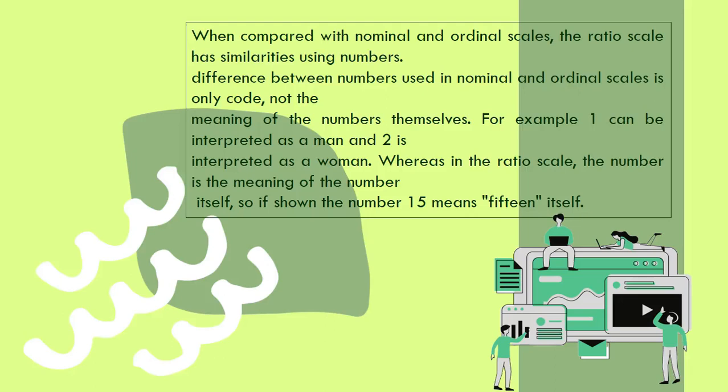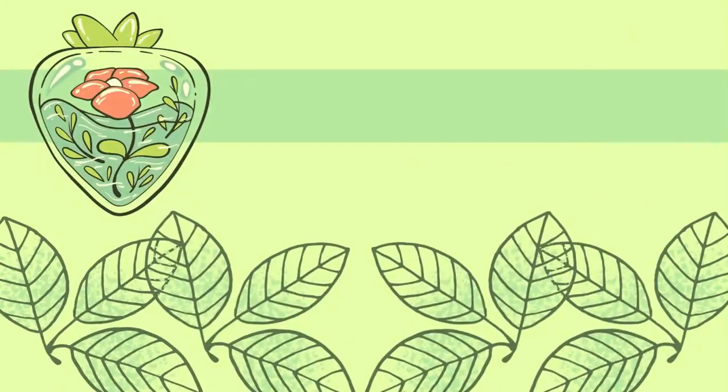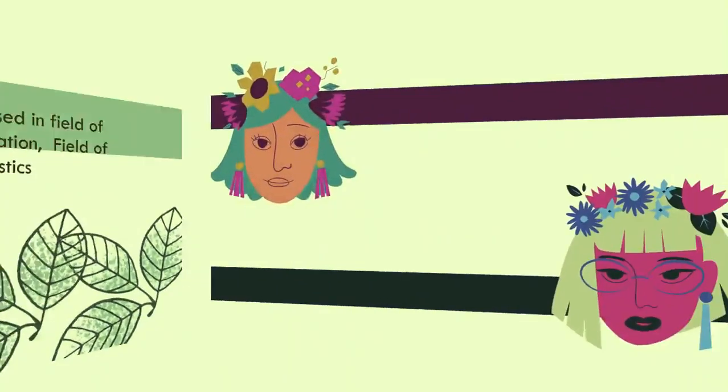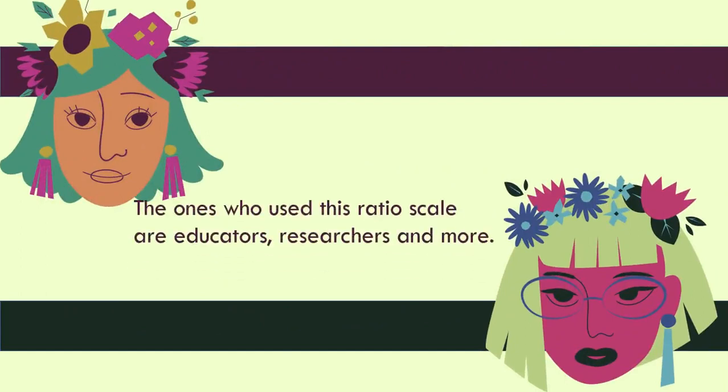So, if shown the number 15, it means 15 itself. Ratio scales can be used in the field of health, the field of education, the field of research, and in statistics. The ones who use this ratio scale are educators, researchers, and more.